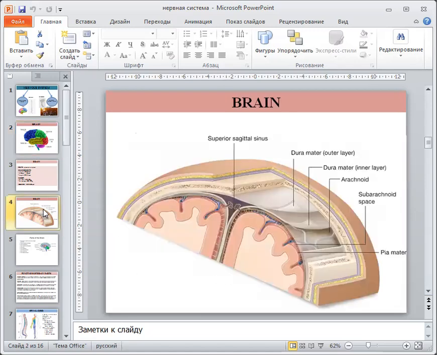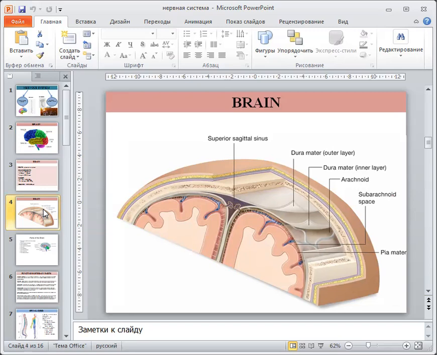The brain is covered by three shells: the soft shell, the hard shell, and the arachnoid shell. The brain's soft shell adjoins the brain. It consists of loose connective tissue. In the connective tissue, there are numerous blood vessels which feed the brain.